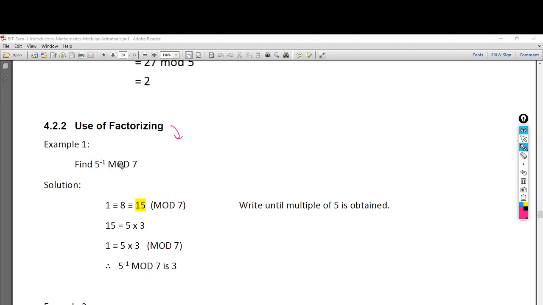Say you are supposed to find 5 inverse in mod 7. Of course you know that we can use Fermat's little theorem and straight away find the inverse. Okay, so let's do it in a different way now. Of course that approach we can use.